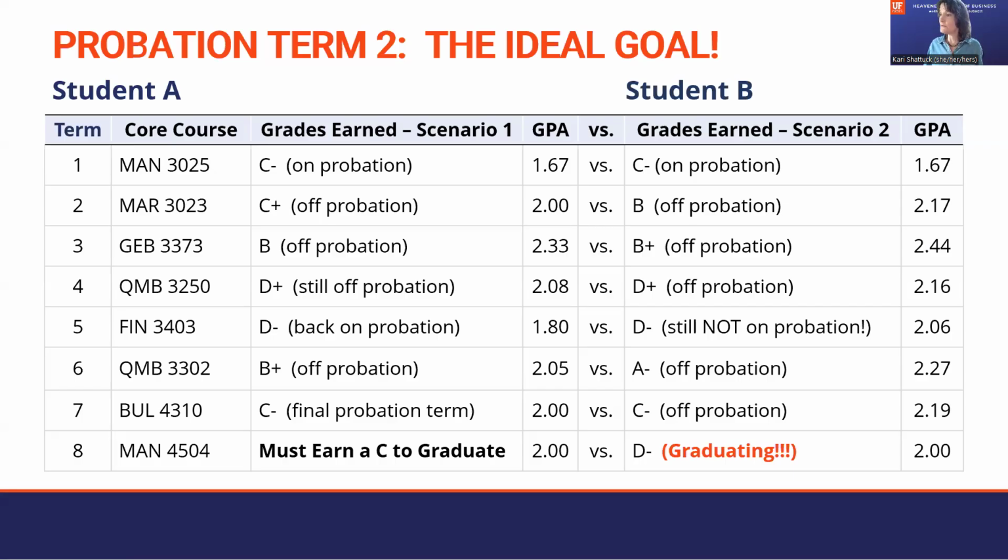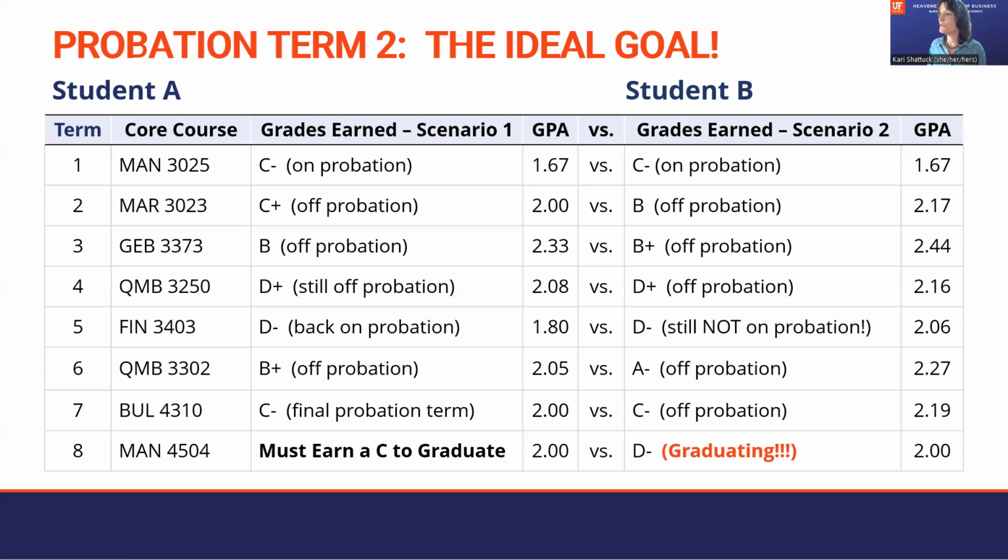Remember these scenarios? Both students started out with the same number of deficits and both got off probation pretty quickly. But as student A progressed, they took heavier course loads and got the grades we most commonly see in the core courses. Student B took fewer courses and earned higher grades as a result.